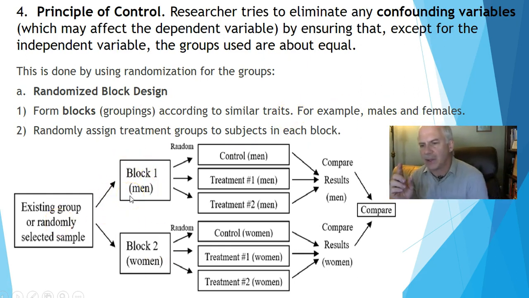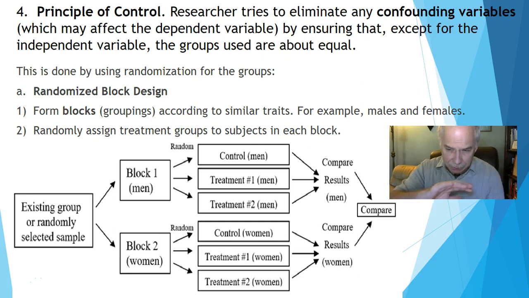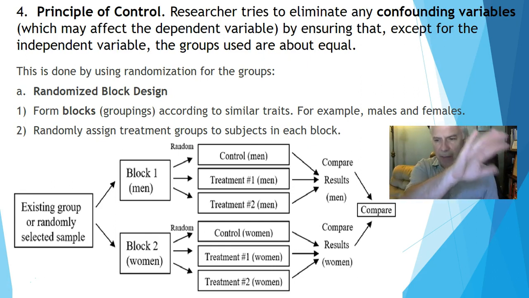So this would be when the doctor wants to, let's say, give a new drug to try to help heart disease or try to help diabetes or whatever it is. And they know that men and women differ in that disease. Men have different heart conditions than women. There's various characteristics of the two. So they might first break it up into men and women. So those are called the blocks.